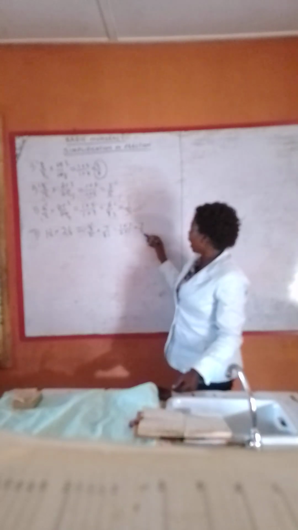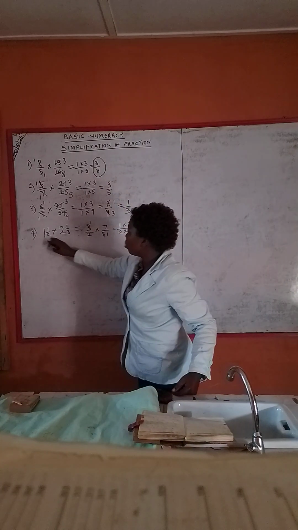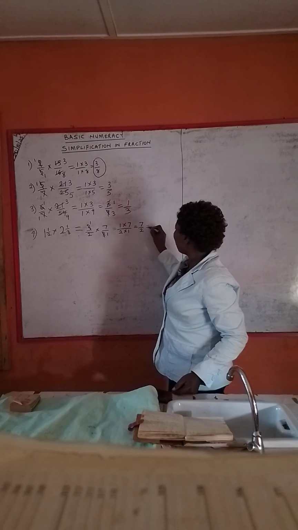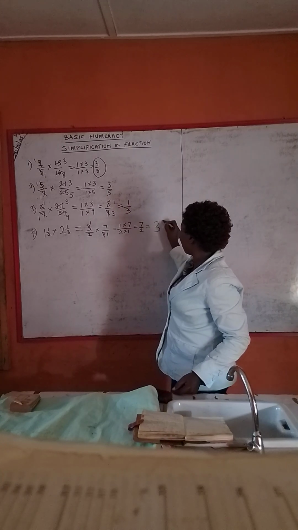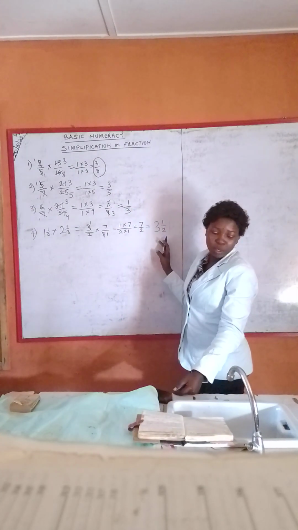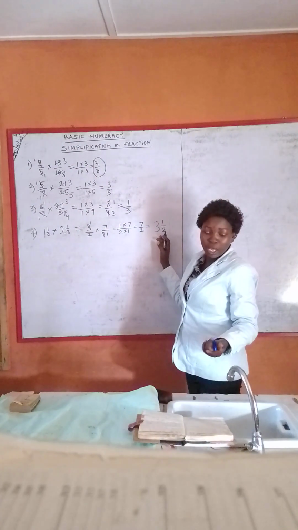You know that you can't divide them again. The only thing is you can still change it to a mixed number. So 7 over 2 will be 3 whole number 1 over 2. You can leave your answer either way, and you are still okay.